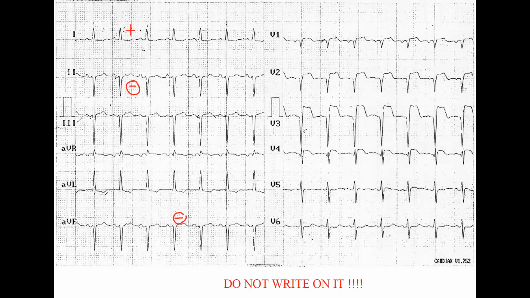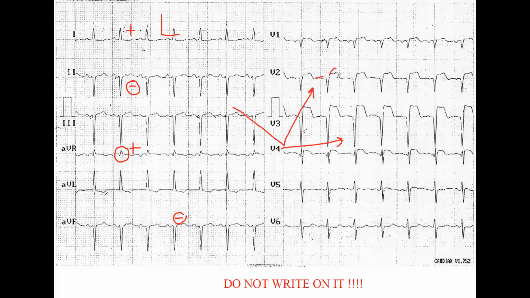Hold on. Lead 1 is positive. Can you have a right axis deviation? Sorry, no. That should be a left. And AVR is positive. So what does it mean? Hold on, I'm getting brain freeze.